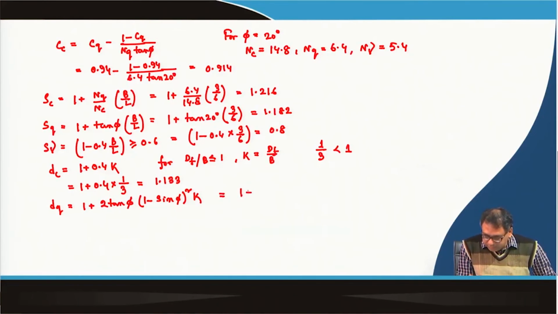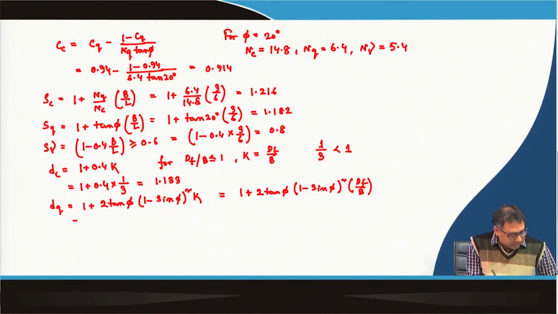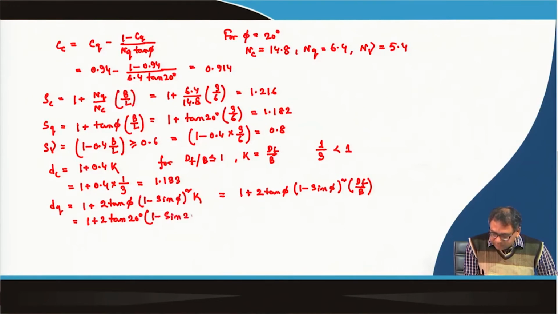So, that will be 1 plus 2 tan phi (1 minus sin phi) square into Df by B. So, finally, I can put 1 plus 2 tan 20 degrees (1 minus sin 20 degrees) square into Df, 1 divided by 3.